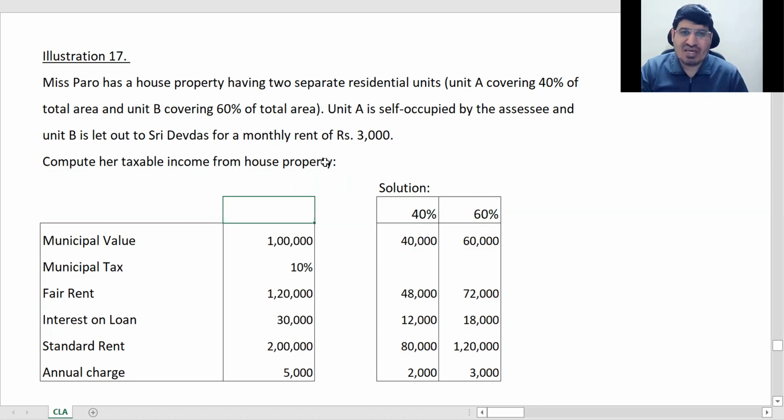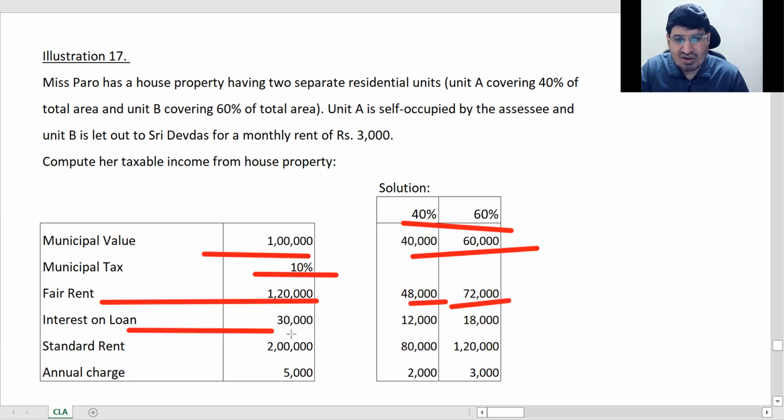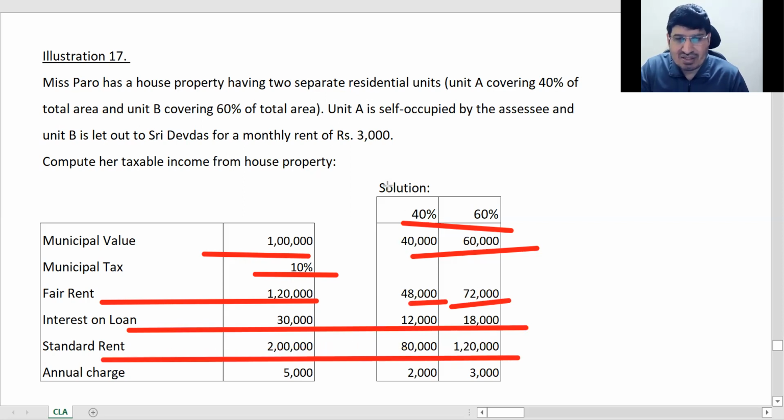What they have given us is municipal value of 1 lakh. In 40 and 60%, just divide it. Municipal tax is 10%. Now fair rent is 1,20,000, divided 40 to 60. Interest on loan divide. Standard rent divide. So this part we are doing.